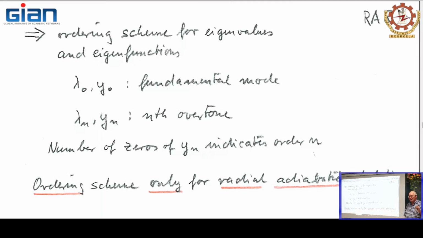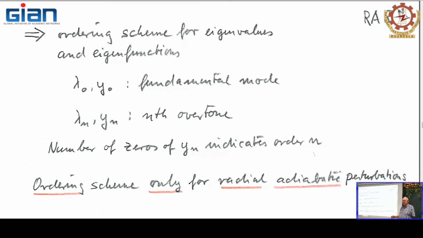So keep in mind, even if people address some mode as a P1, P2, P3, or G1, G2, G3, the ordering scheme is not present in the general case. It's only found here. And it's simply that people take this ordering scheme and adopt it for the general case as well.